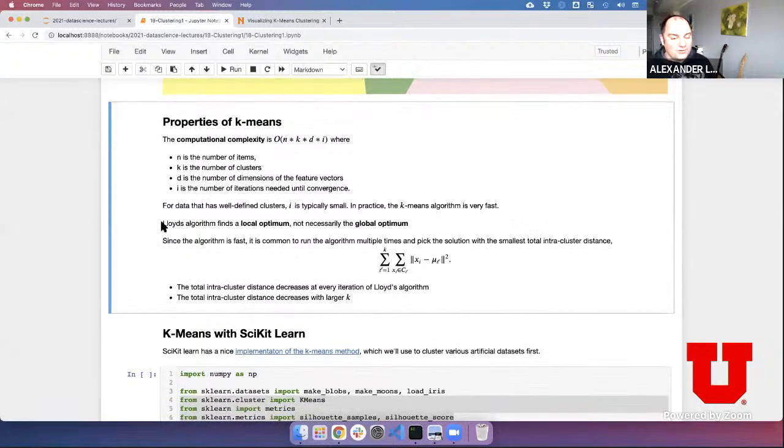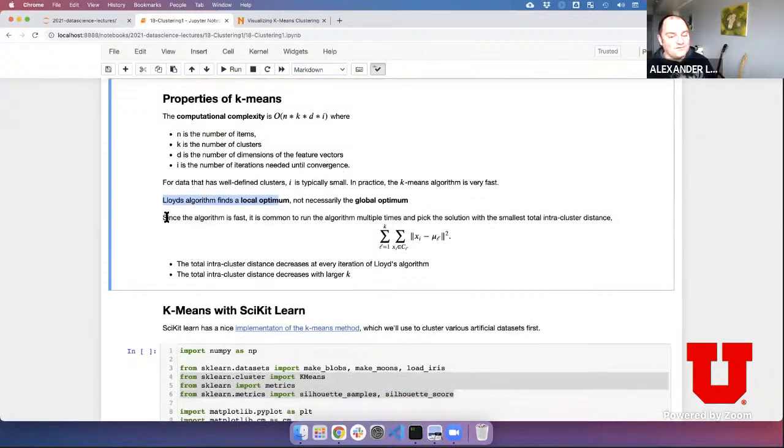And the other thing that you should note is that Lloyd's algorithm is an approximation algorithm. It will find a local optimum, but it will not necessarily find a global optimum. But since the algorithm is so fast, it is very common to run the algorithm multiple times and pick the solution with the smallest total intra-cluster distance.